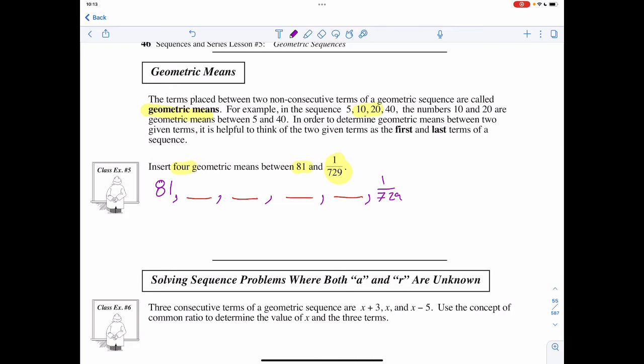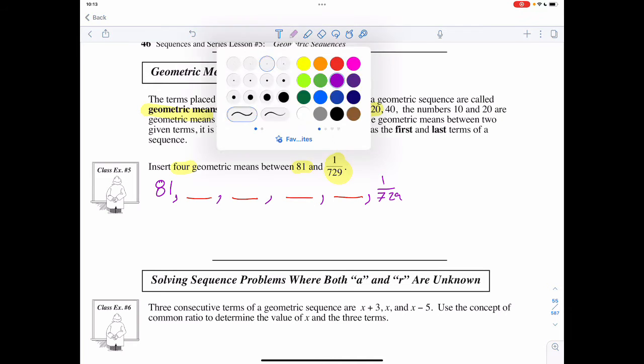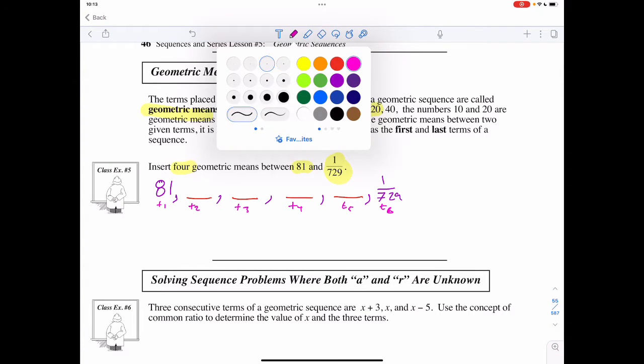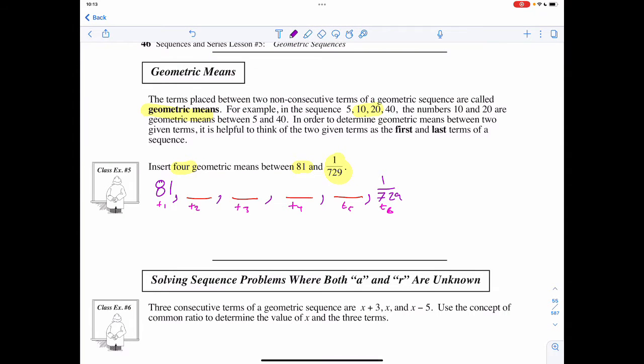Now, if this is true, and we said that this was term 1, term 2, term 3, term 4, term 5, and term 6, then term 6 would equal term 1 times r to the power of 6 minus 1.